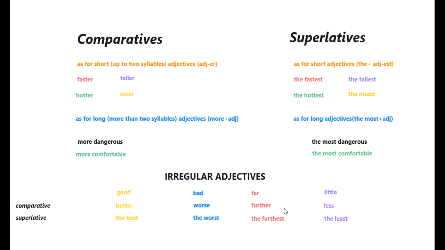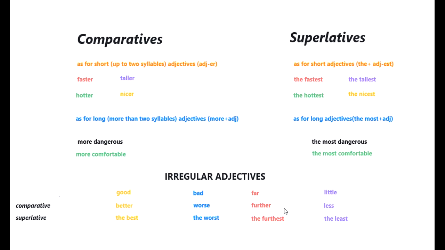For short adjectives, we add -er at the end of the adjective in comparatives, like faster, hotter, nicer, taller. But if our adjective is long, we use more before the adjective: more comfortable, more dangerous, more disorientating.